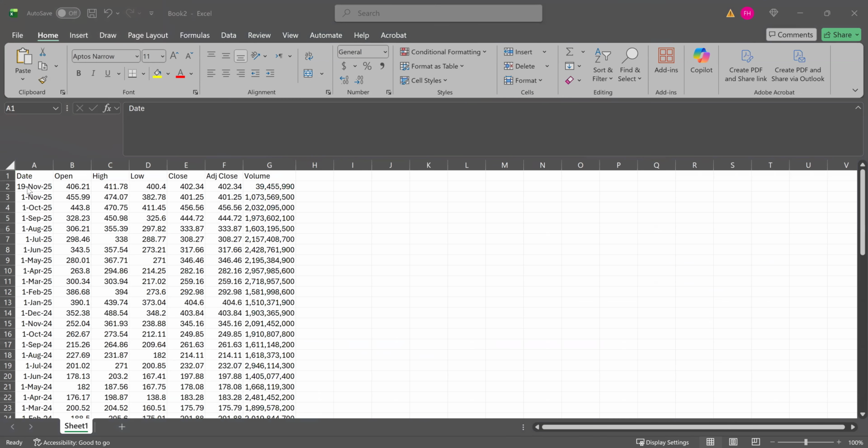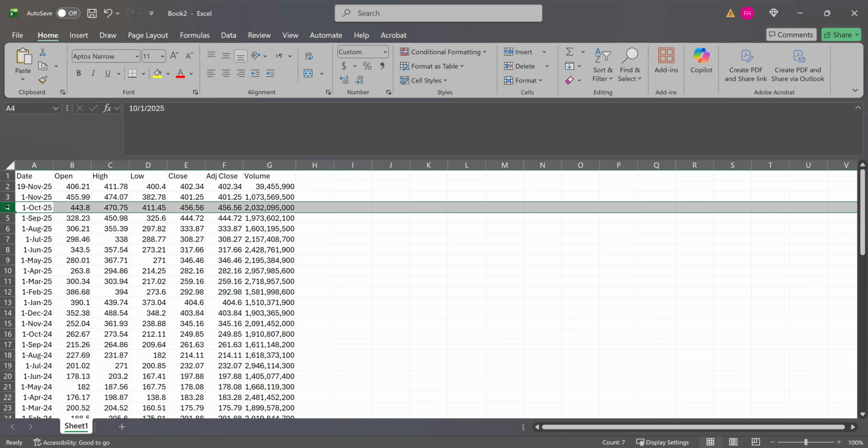So now here I have for each month, of course, November shows twice, like November 1st and November 19th. Here you can see I have the open price, the high price, low price, and the closing price for the stock. Those, however, are for the month. So for example, if I take the month of October 2025, at the beginning of the month, the stock price was 443.8.